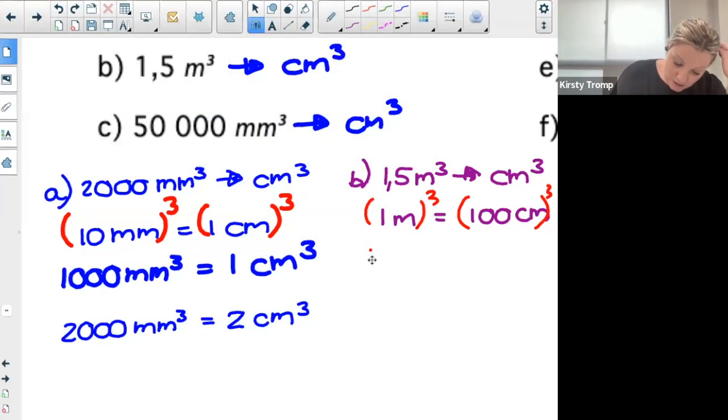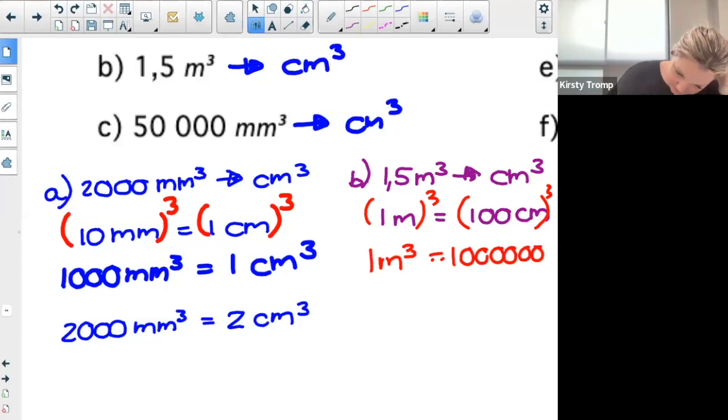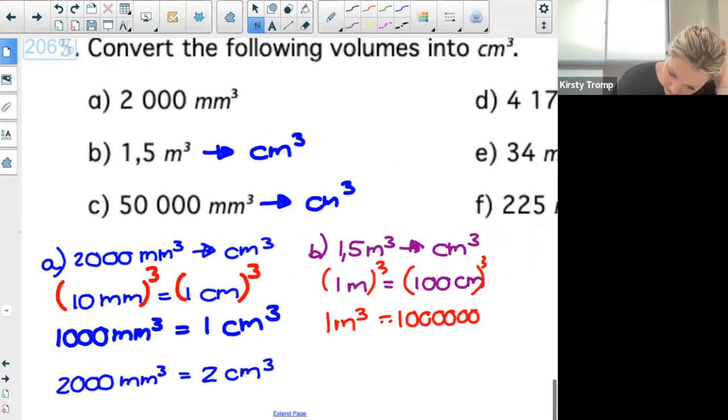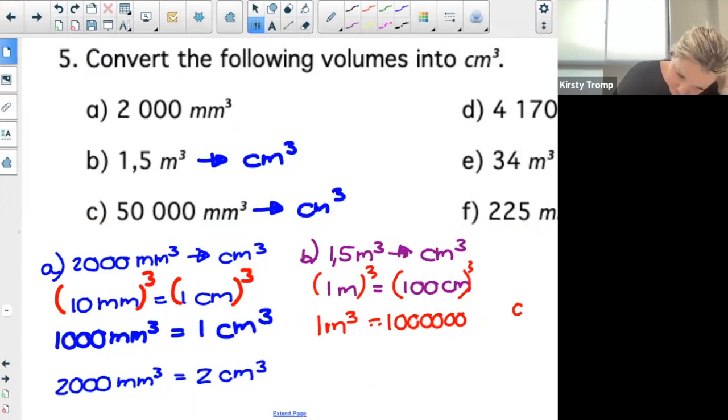So 1 meter cubed is equal to 100 cubed, which is 1, 2, 3, 4, 5, 6, running out of space, sorry, zeros, centimeters cubed.